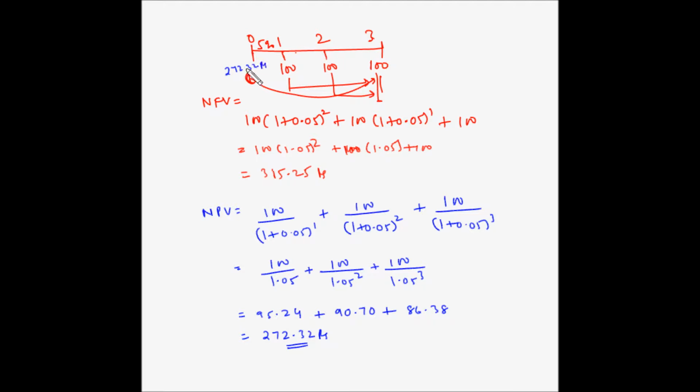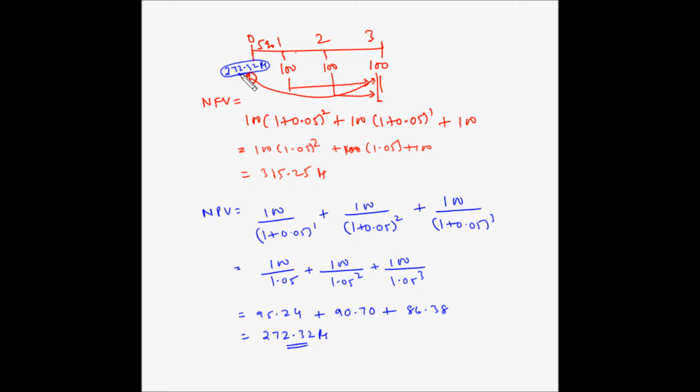So 272.32 rupees when deposited today at 5% interest per annum will allow us to withdraw 100 rupees at the end of the first, second and third years. So this is an equivalent of this cash flow stream at 5% interest per annum.